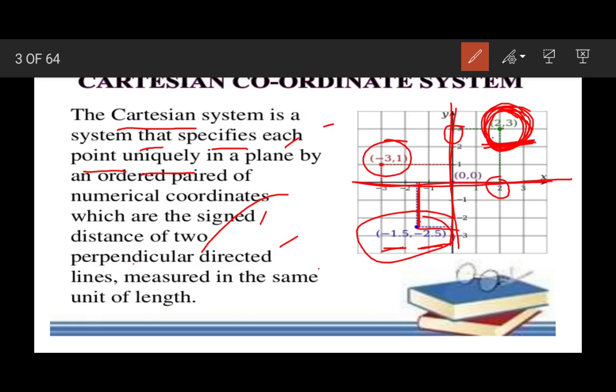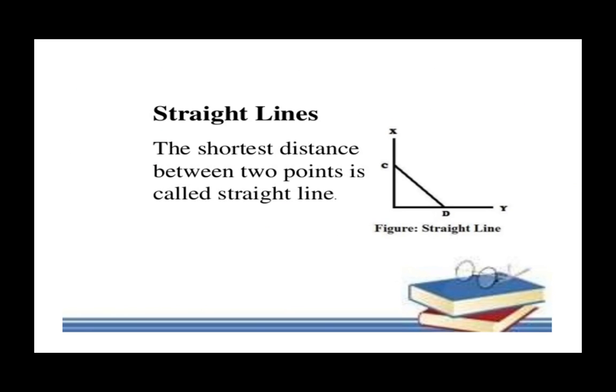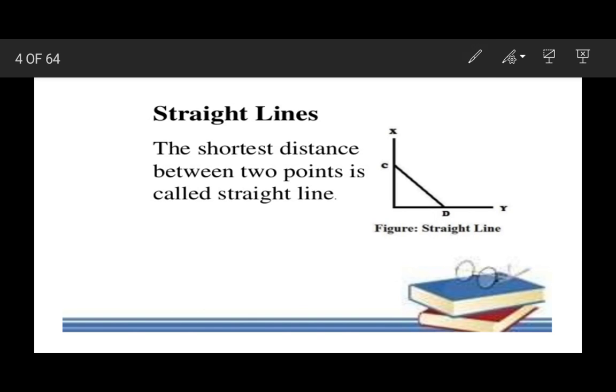Clear? So we are representing a point in the Cartesian system, which is a unique way of representing points. You got it?